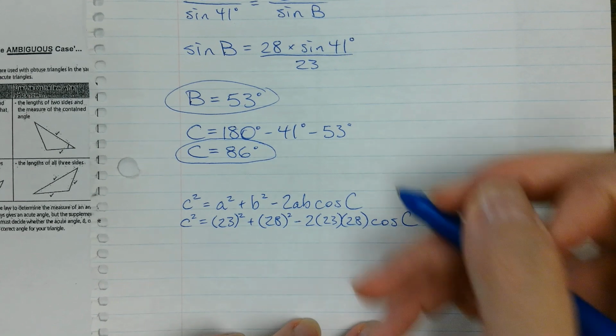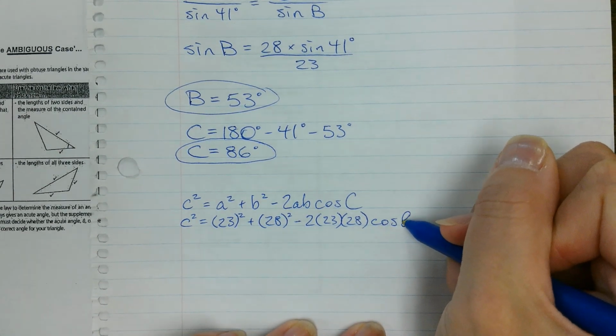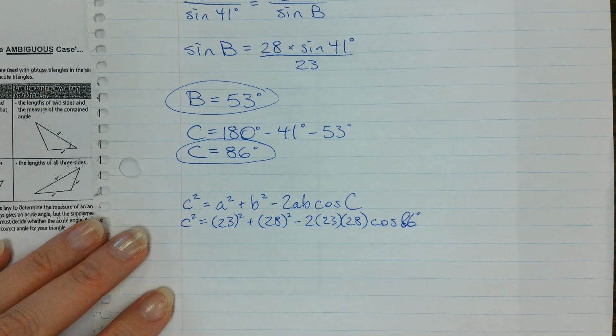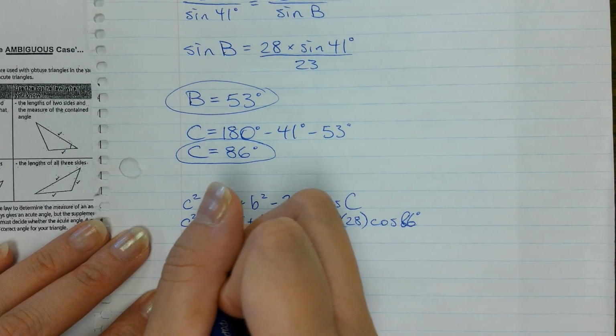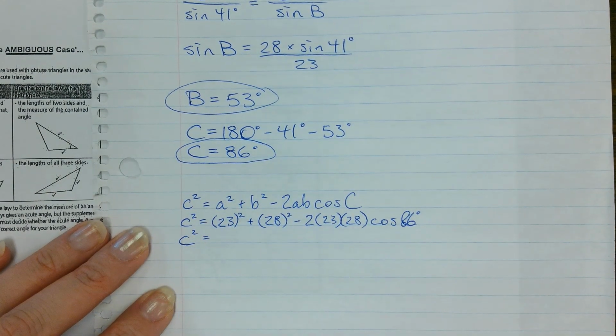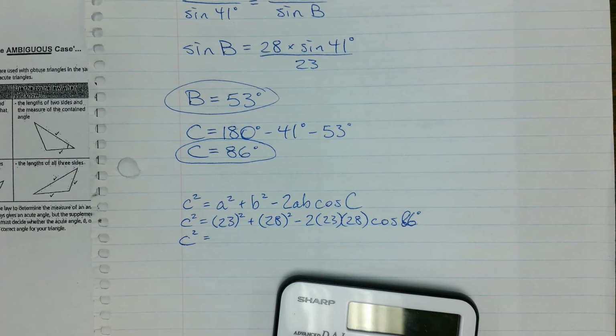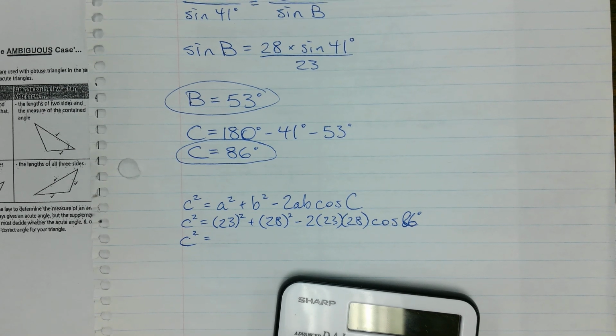I know my angle. So C squared equals 23 times 23 plus 28 times 28 minus 2 times 23 times 28 times cosine 86 degrees.